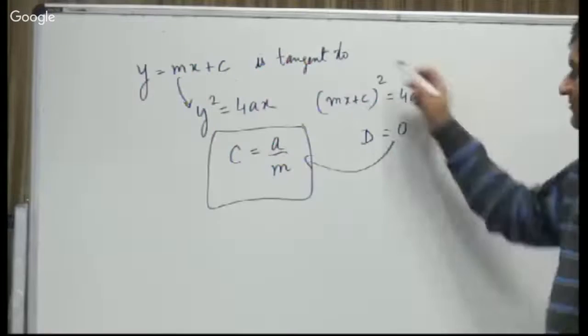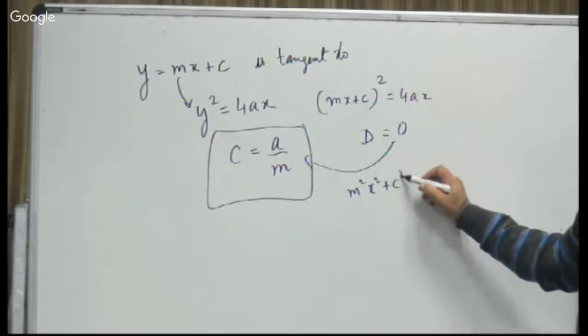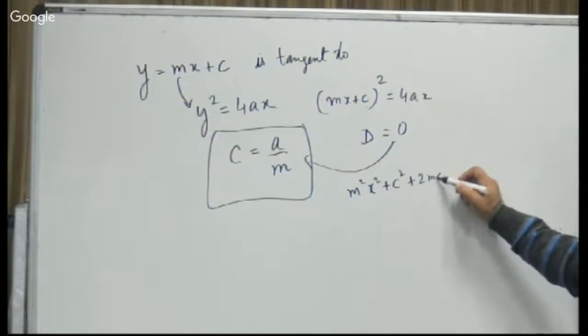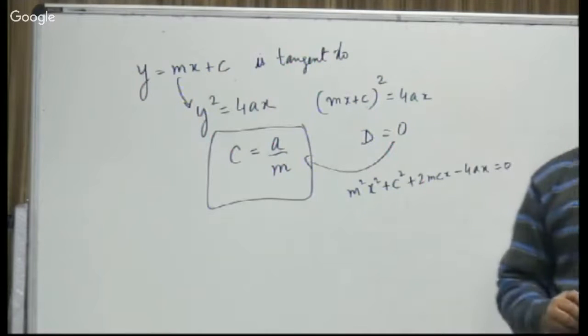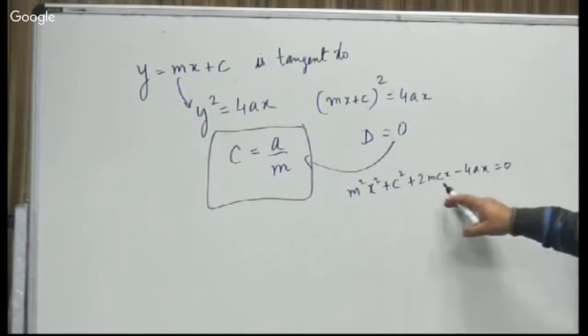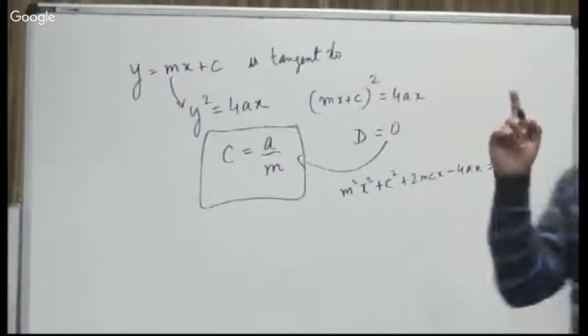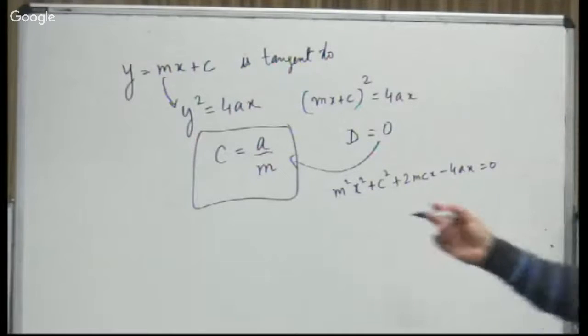Simplify this. What will be the discriminant? m square x square plus c square plus 2mcx minus 4ax equal to 0, right? Now this will give you one root if the discriminant is 0. So what will be the discriminant here?